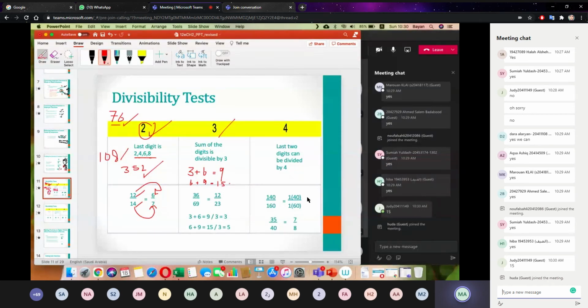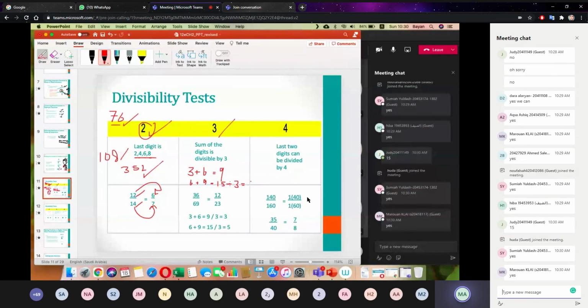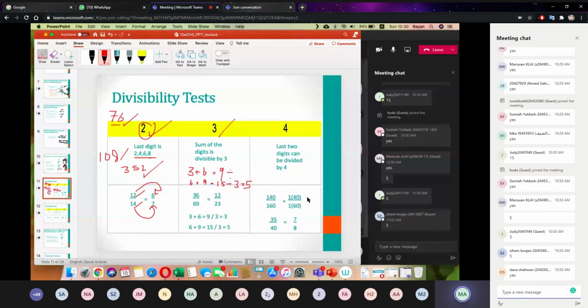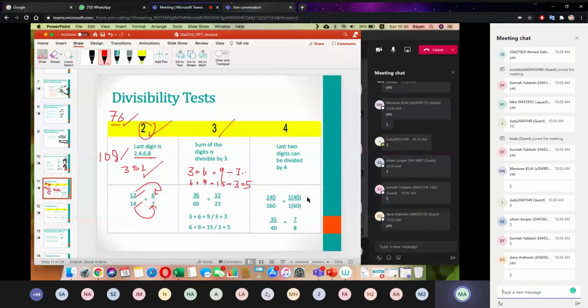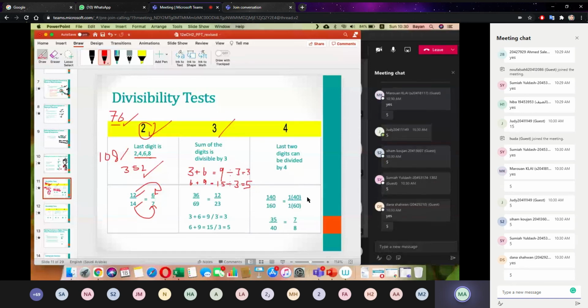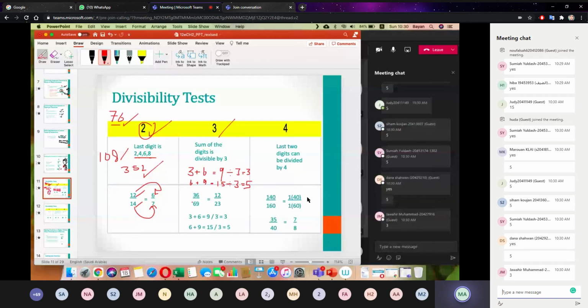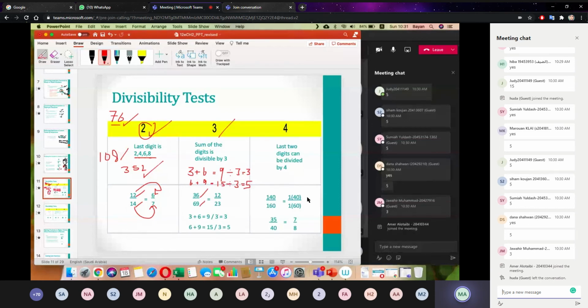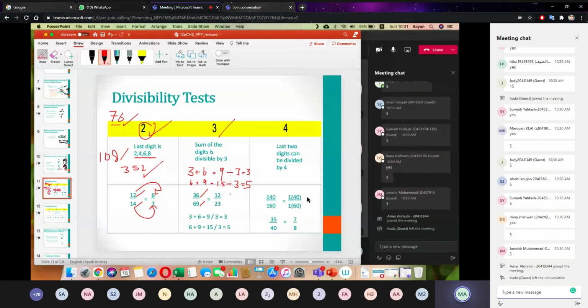Can we divide 15 by 3? 15 divided by 3 will give you 5. So 36 we can divide by 3, and 69 we can divide by 3. If you divide 36 by 3, it gives you 12. 69 divided by 3 gives you 23.